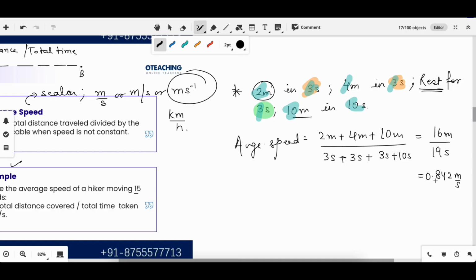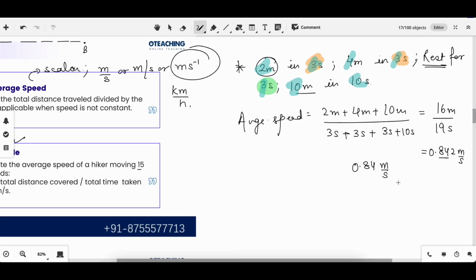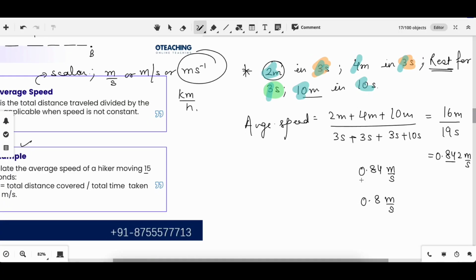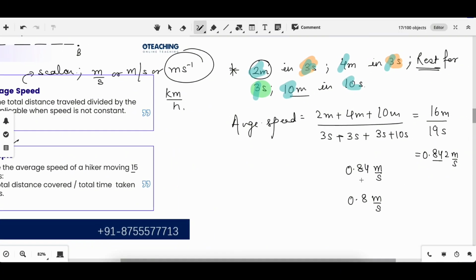It is by rule. If the question says represent it in 2 significant figures, you leave your answer as 0.84 meters per second. And if you go by the rule, you keep only 1 significant figure, so your answer will be 0.8 meters per second. I hope I'm clear with the calculation of the average speed.